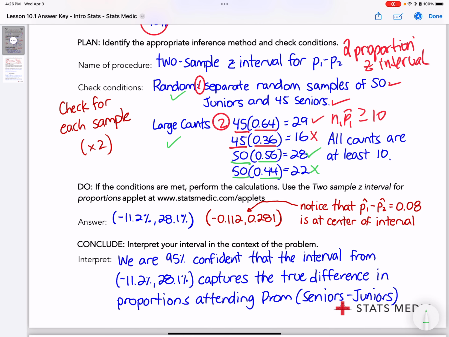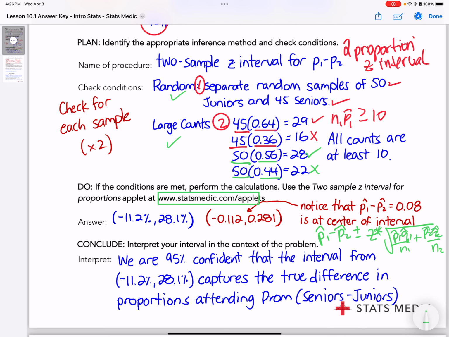You can use a two-sample Z test, or if you go to this website, it'll perform the applets, but I'm going to show you how to do this by hand, and that's what you're going to do now. The formula you'll use by hand is p1 hat minus p2 hat, plus or minus z star times the square root of p1 hat q1 hat over n1 plus p2 hat q2 hat over n2.